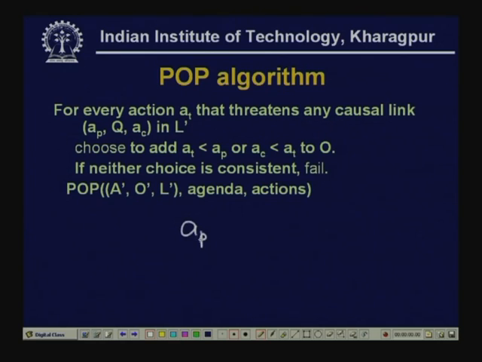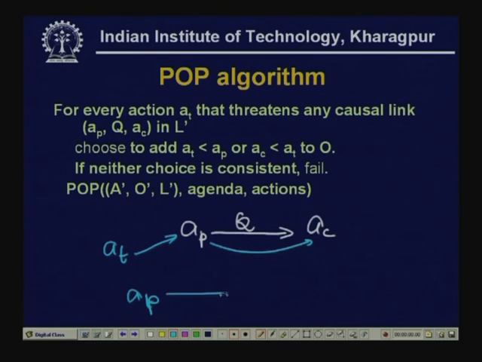You have AP which achieves AC and it achieves it on the state variable Q. Now, when we want to bring in a new step, I must either bring it before AP or I must bring it after AC.